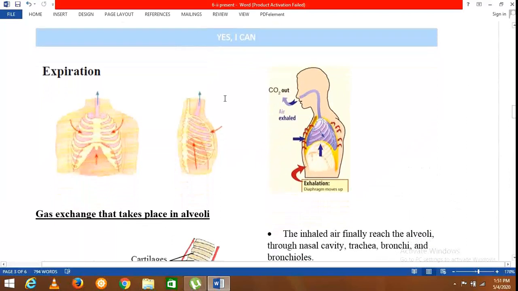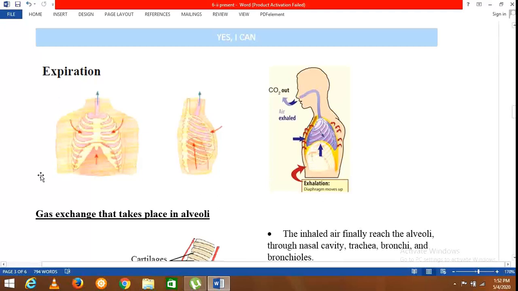Then we'll move on to expiration. During expiration, the air inside the lungs should be removed. For air to be removed, the volume of the thoracic cavity should be decreased or reduced. For that, the intercostal muscles relax, and as a result, the ribs and the sternum come to their original position.